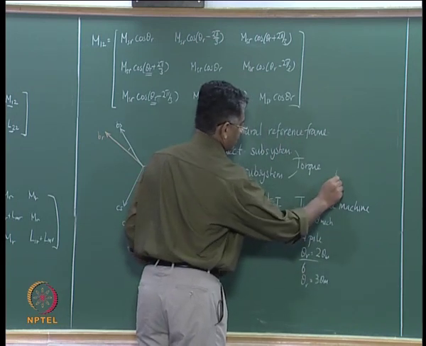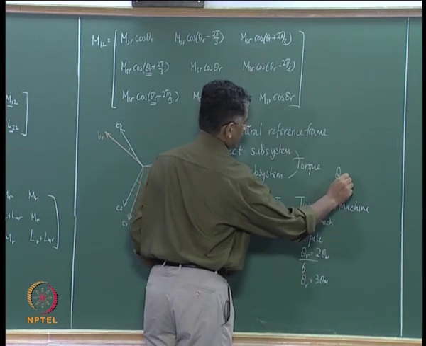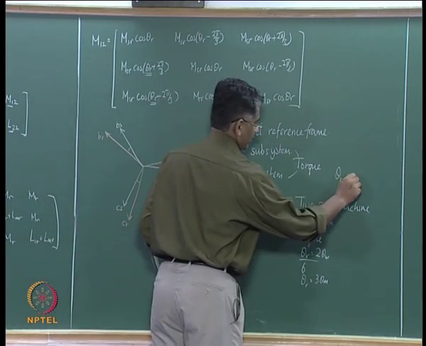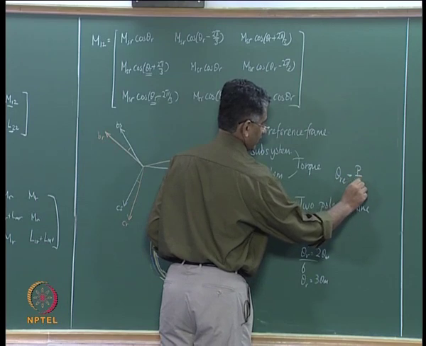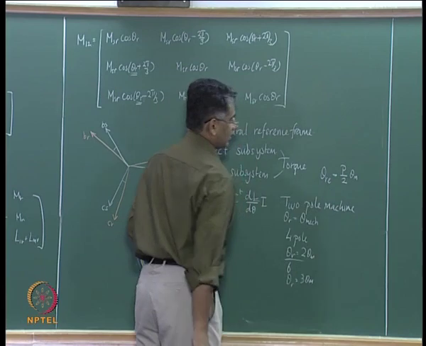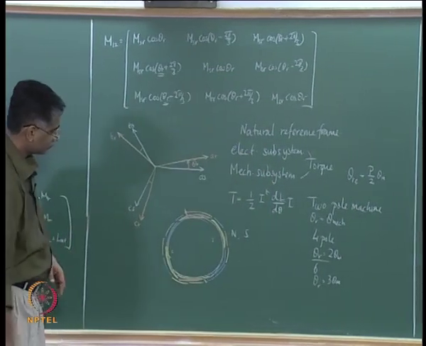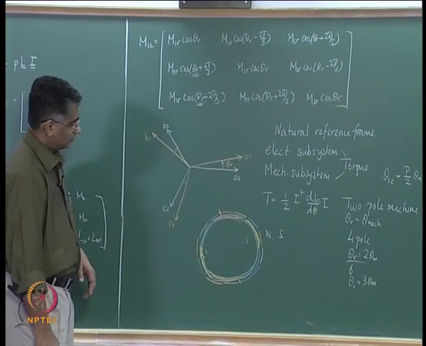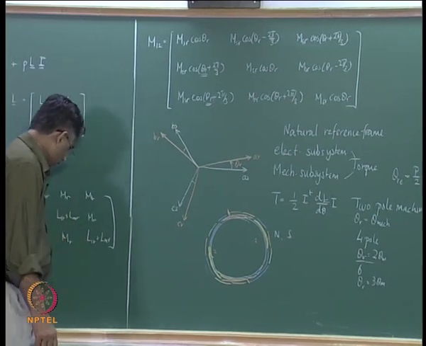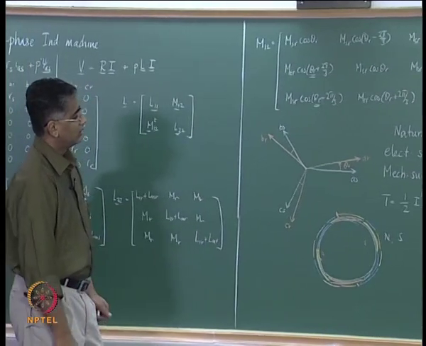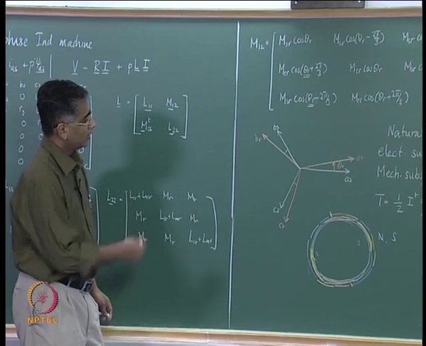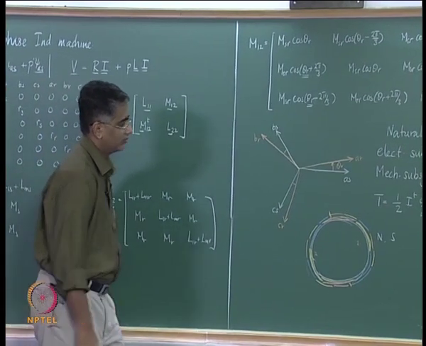In general, the theta r electrical, which is what we are going to substitute in these expressions, can be written as the number of poles divided by 2 into the mechanical angle. So the induction machine description can then be written like this.